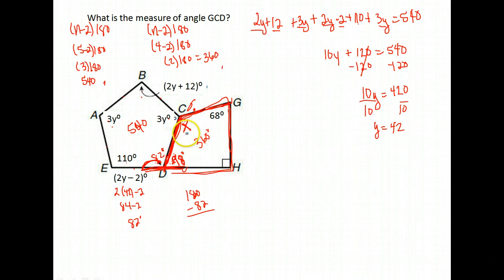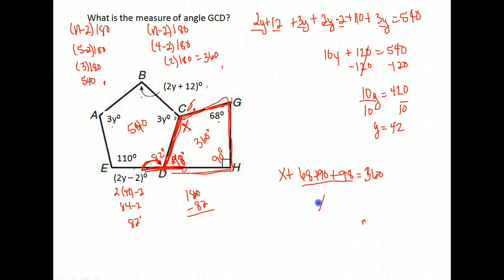So to find our missing angle, we're going to add those together. So we have x plus 68, plus this one is a 90-degree angle because it's marked as a right angle, plus 98 equals 360. Let's combine our like terms. We add our 68, our 90, and our 98.